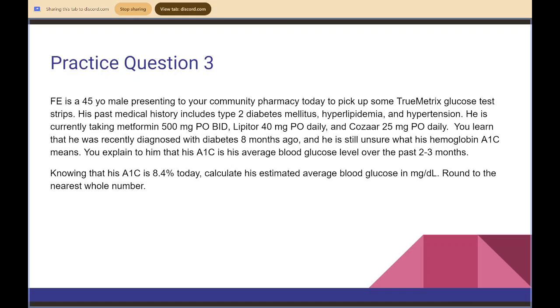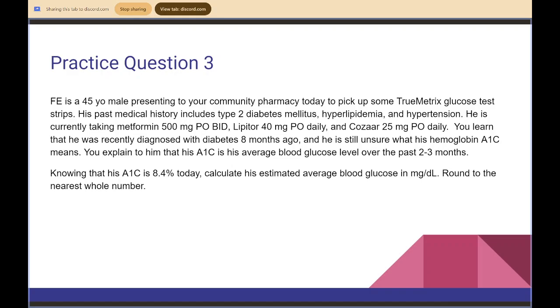You learned that he was recently diagnosed with diabetes 8 months ago, and he is still unsure what his A1C means. You explained to him that his A1C is his average blood glucose over the past 2 to 3 months. Knowing that his A1C is 8.4% today, calculate his estimated average blood glucose in mgs per deciliter.